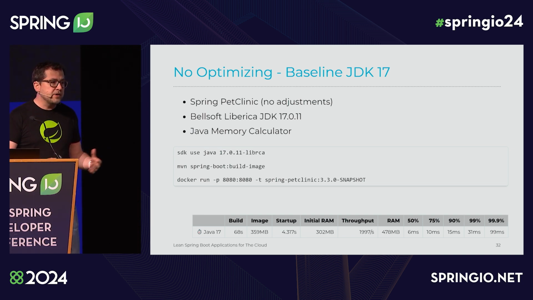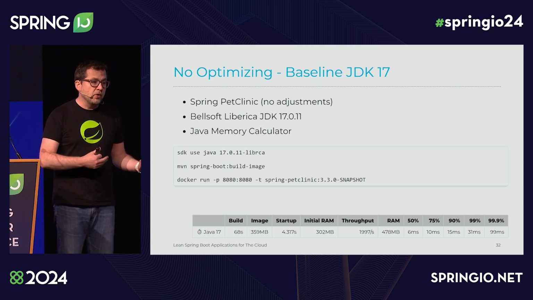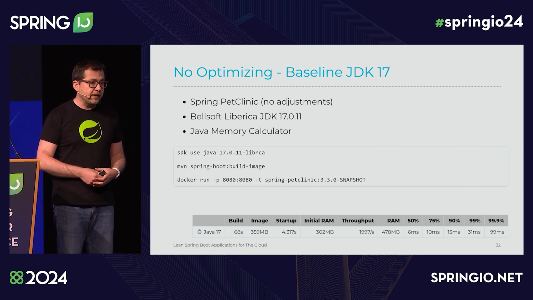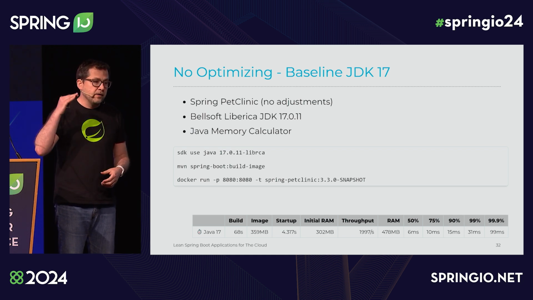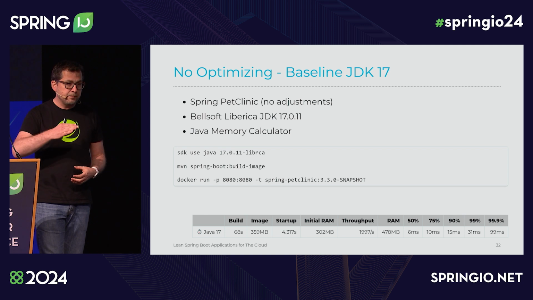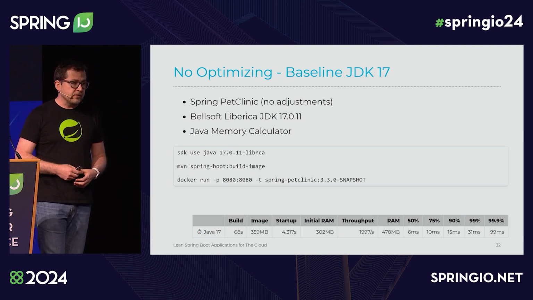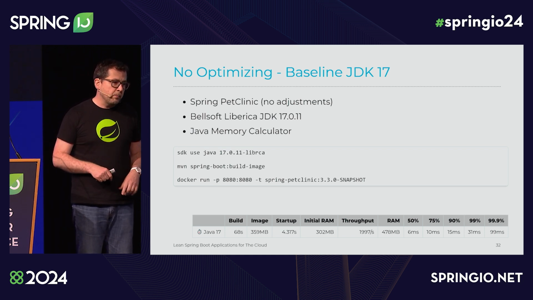I can get a throughput on the application of almost 2,000 requests a second. Immediately after that, we are at 480 megabytes RAM usage, and then you see the percentiles, the response times of a request of my application. We use that as a baseline, and we will always compare against this.